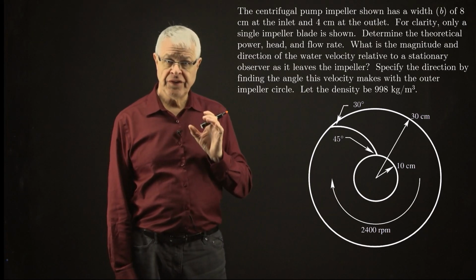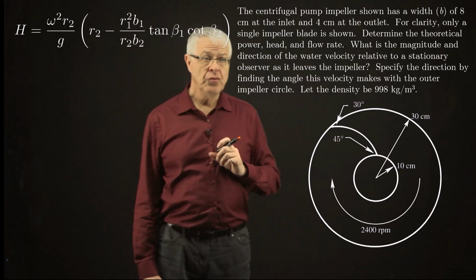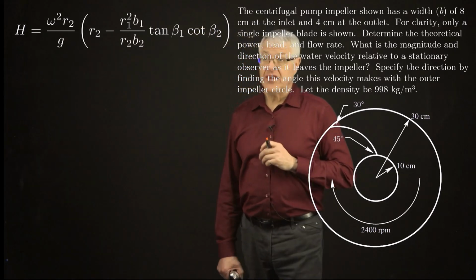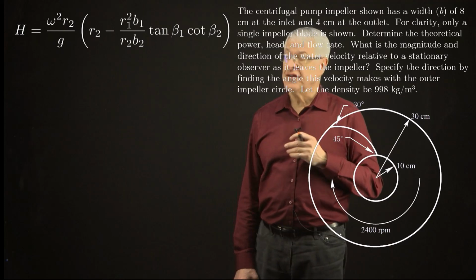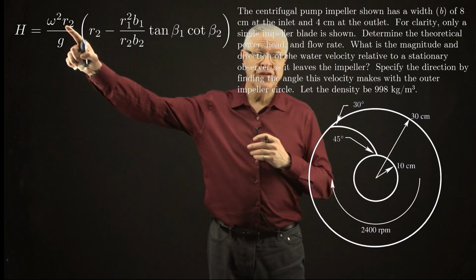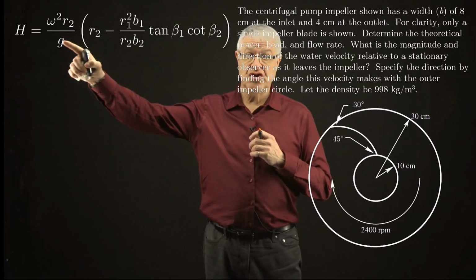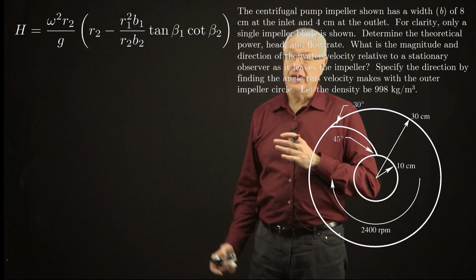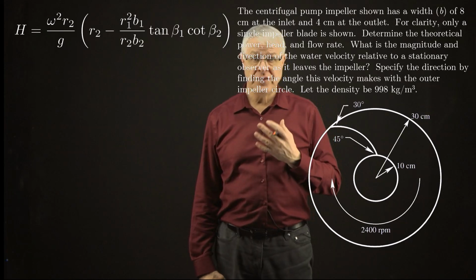So as I said, this is a design point calculation. So for the design point calculation, we have an equation that tells us the head produced by this pump as a function of its rotational speed. So the omega squared is its rotational speed. The acceleration due to gravity, g, is also in there. And then everything else in that equation are geometrical parameters of the impeller.